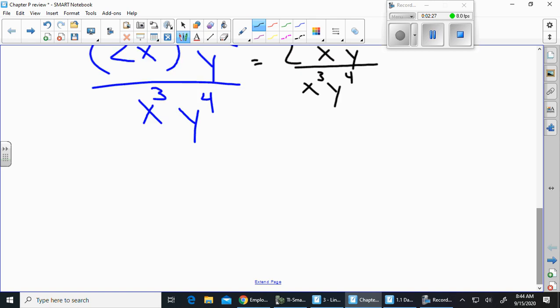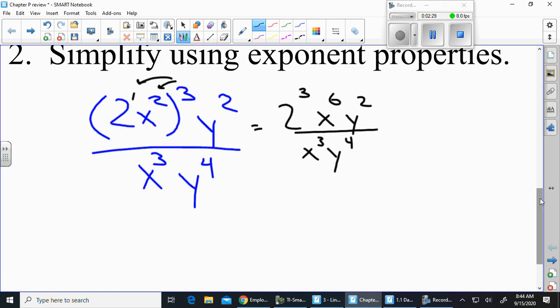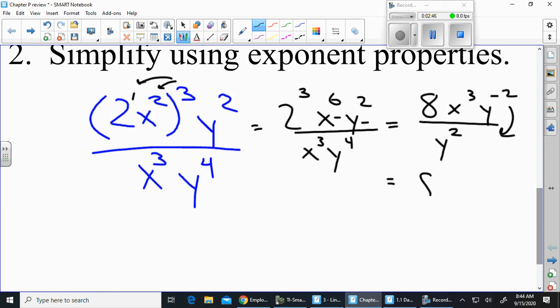I would do 2 cubed, 8. My x is 6 minus 3, x cubed. 2 minus 4 would be -2, but then that would move down. So your answer would be 8x cubed over y squared.